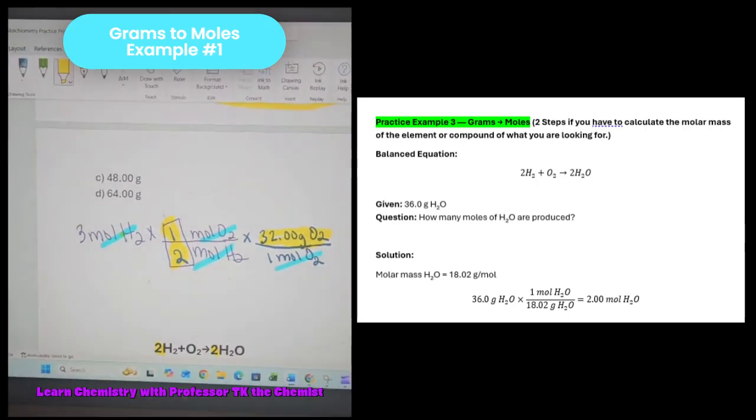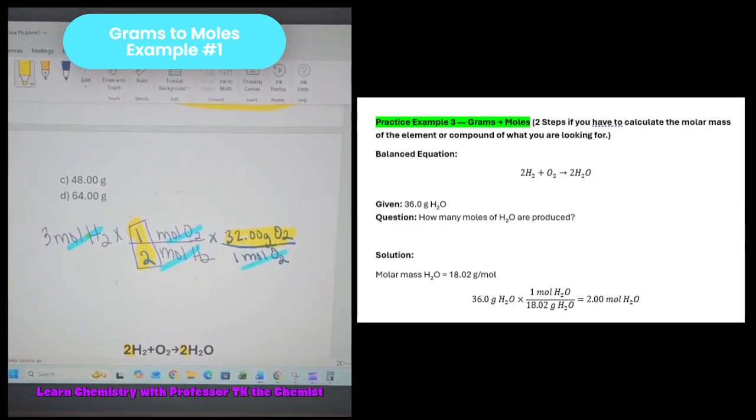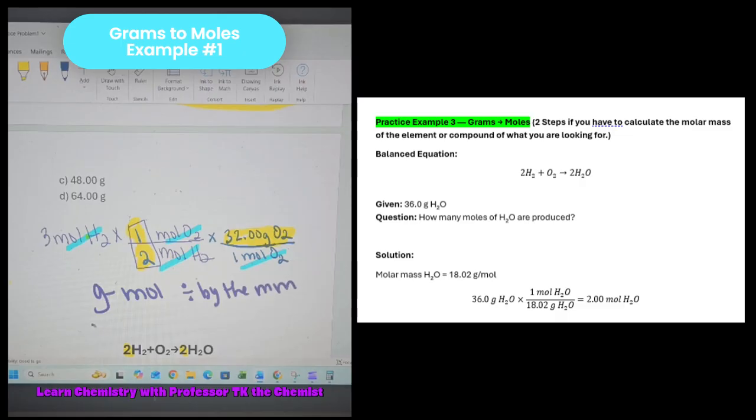So let me say this so that way you all will remember this part. Whenever you are in chemistry, when you're going from a gram to a mole, you're going to divide by the molar mass. When you're going from a mole to a gram, you're going to multiply by the molar mass. That's the difference.